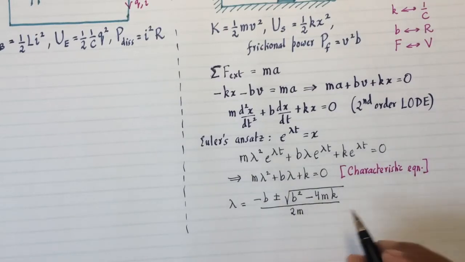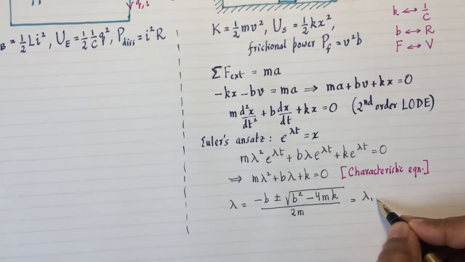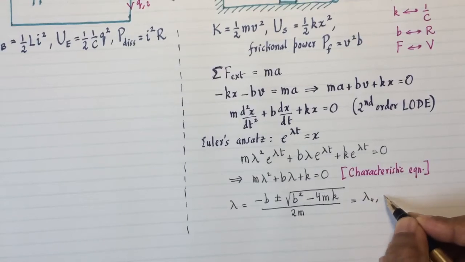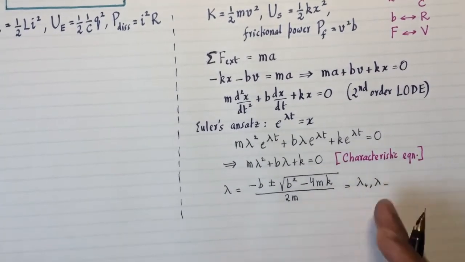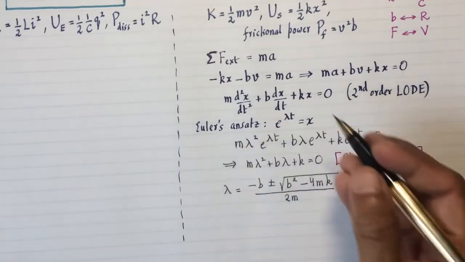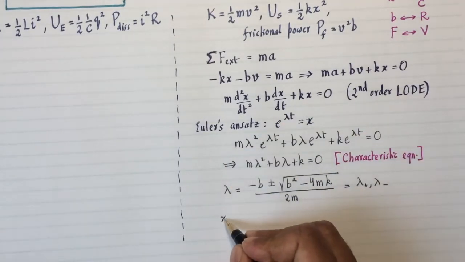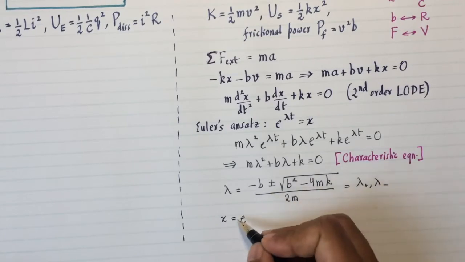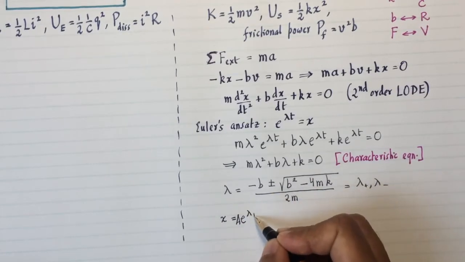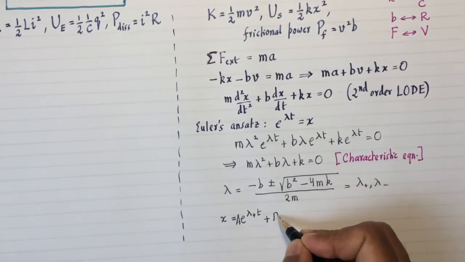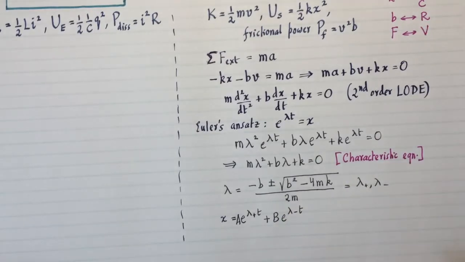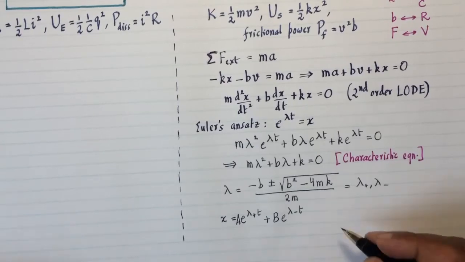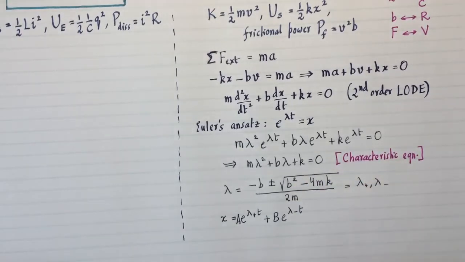Once you have these two solutions, which I'll call lambda plus and lambda minus, for the plus sign and the minus sign, you can write down the full solution, which is x equals a times e to the lambda plus t plus b times e to the lambda minus t, and you're all good to go.